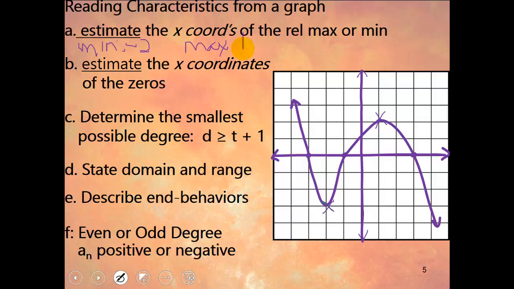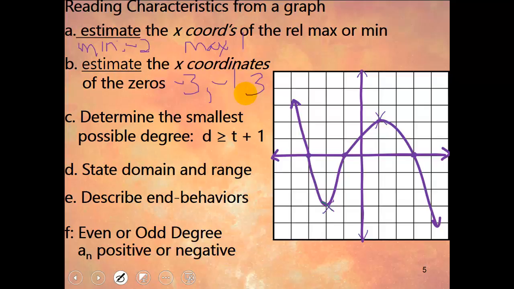Estimate the coordinates of the zeros. We're going to actually just give the x-coordinates of the zeros. So -3, -1, and +3. This is a new one. Remember, we talked about this on one of the first slides.